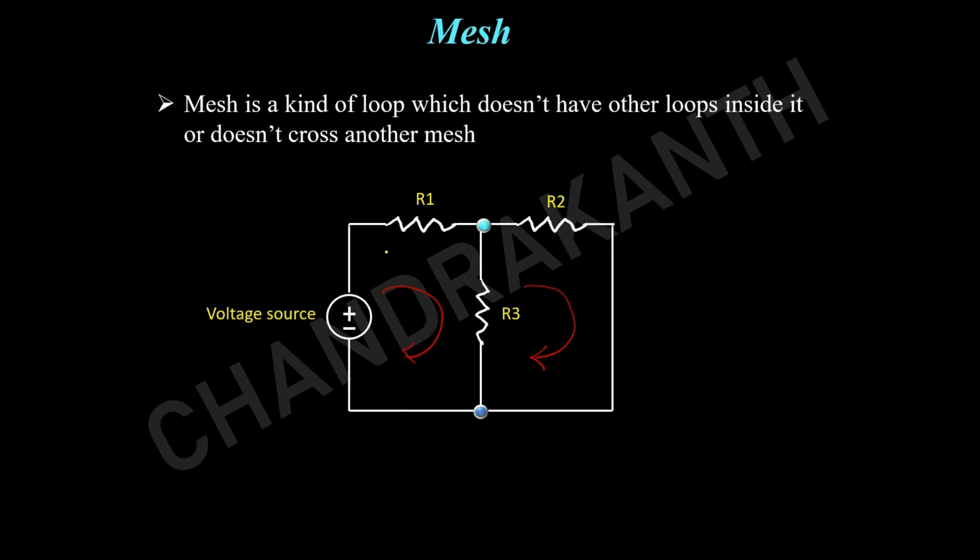We should not take this as one mesh. Meshes are the separate loops which will not cross each other. So you cannot take an outer mesh or an inside one. If any other loop is there inside that loop, we are not supposed to take it like that.